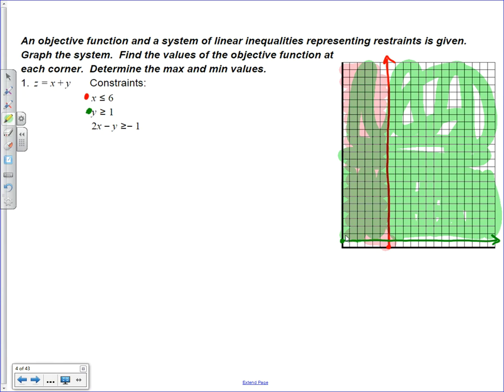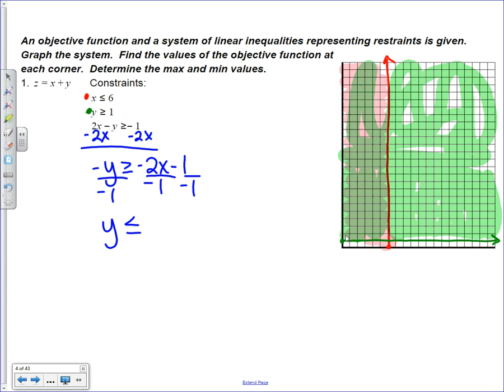Okay, and the last one, we need to isolate for y. So the first thing I'm going to do is subtract the 2x. Then I'm going to divide by a negative 1. Now notice I said divide by a negative, so I have to flip that symbol over. And it looks something like that. So I'll start at plus 1, which was right here. And I need to go up 2 over 1.